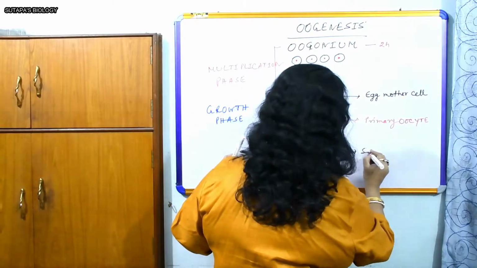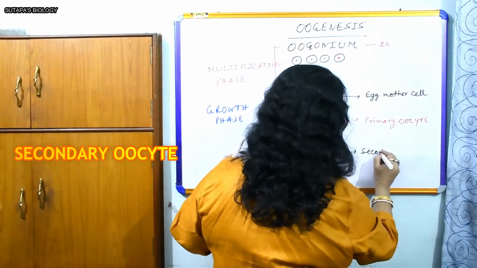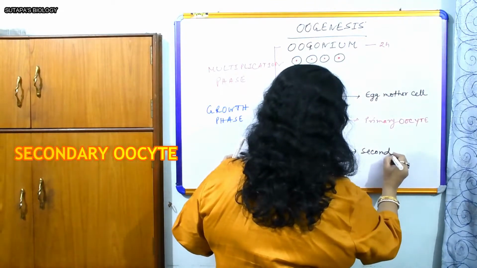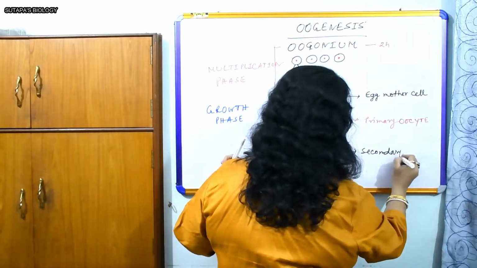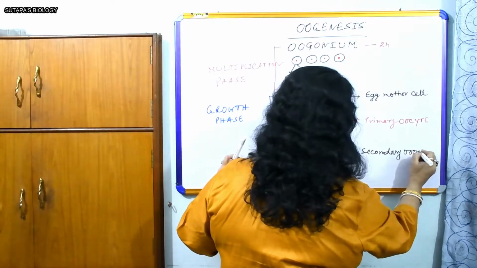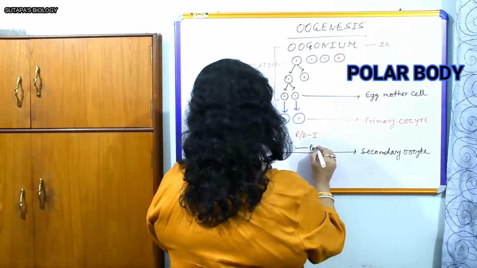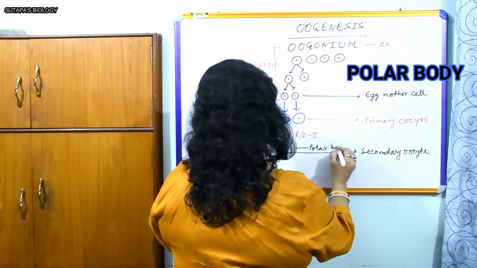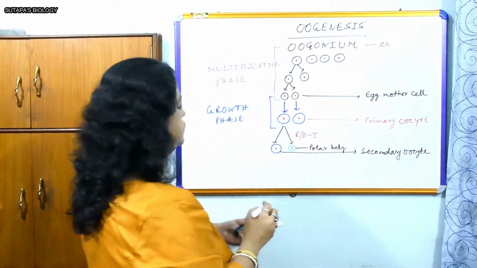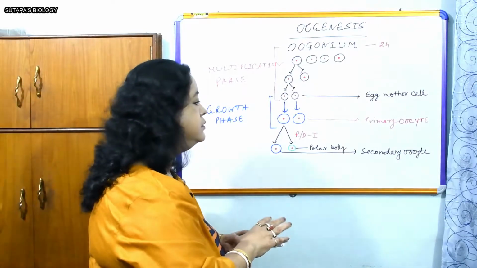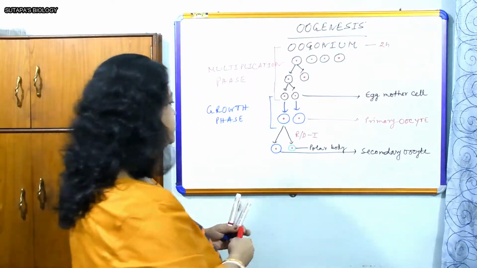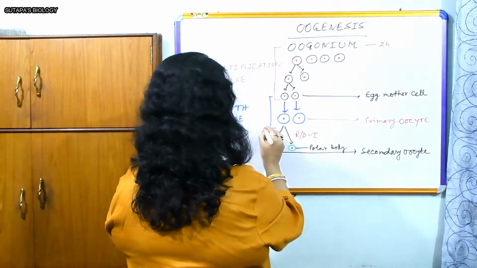This is the secondary oocyte, and this one is the polar body. So this is the starting of the maturation phase.